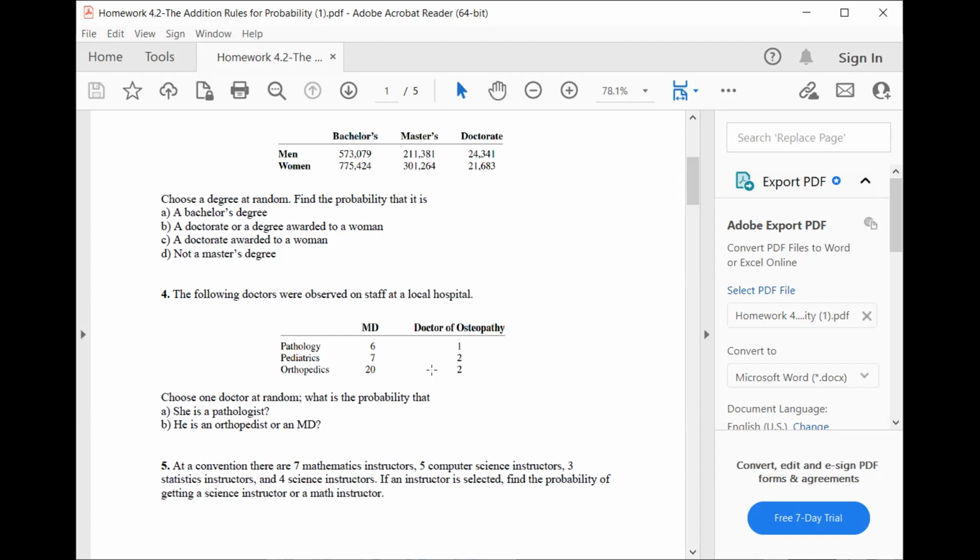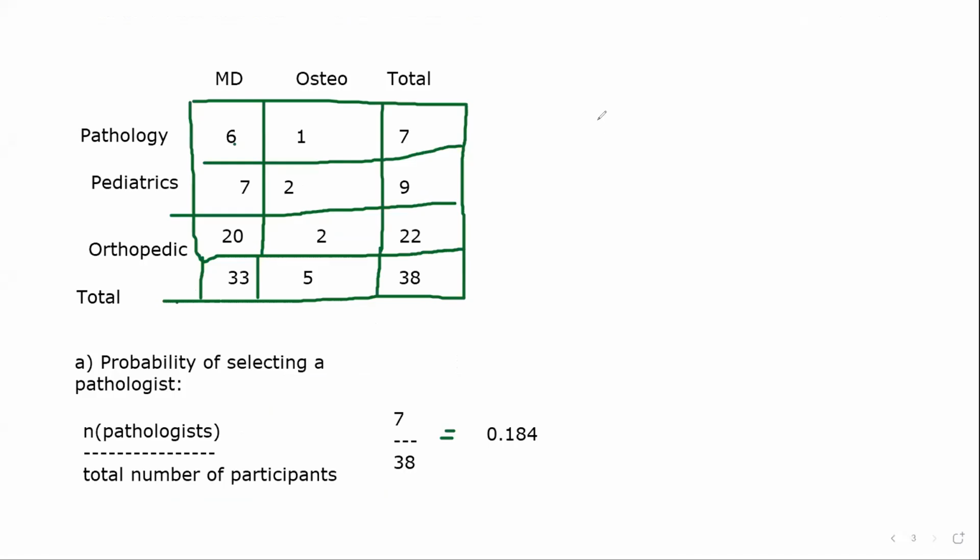So orthopedists or an MD, but we have some overlap there, don't we? All right, so let's see if we can figure this out. So here we have the orthopedists. So we'll do part B over here.